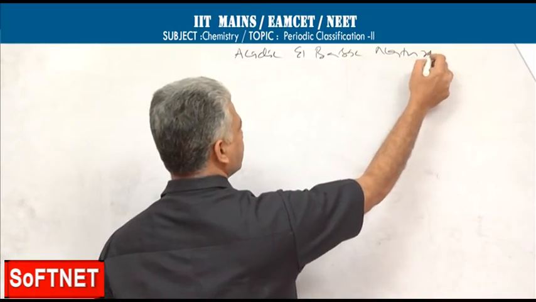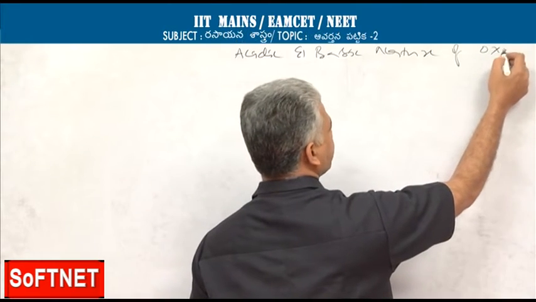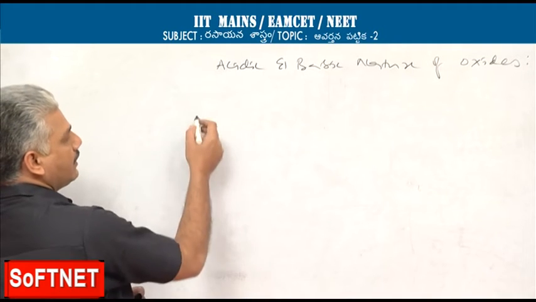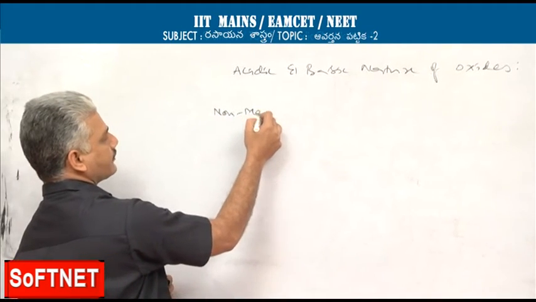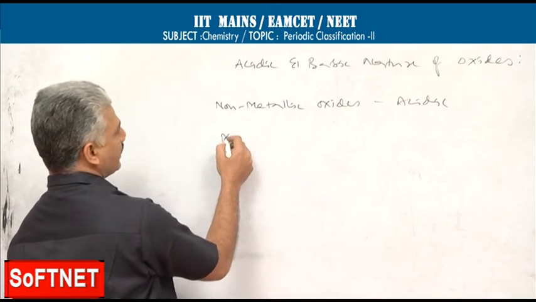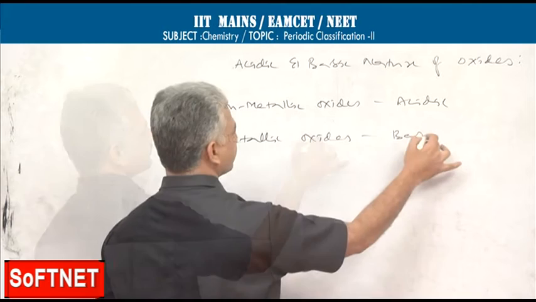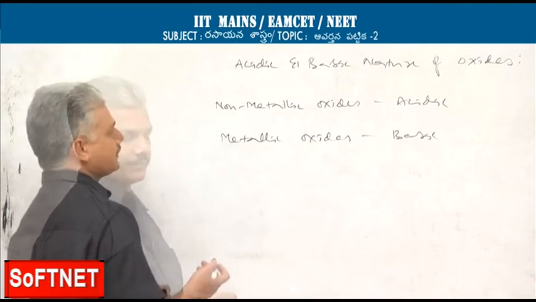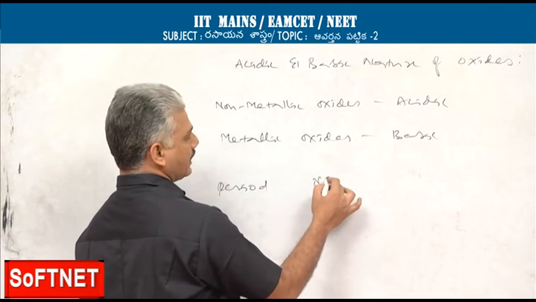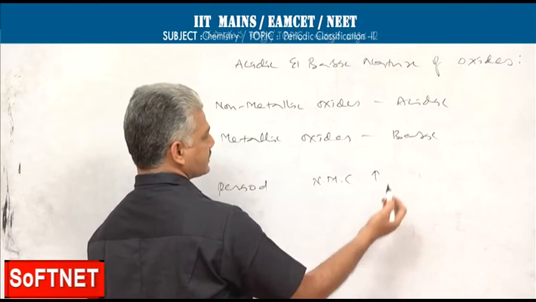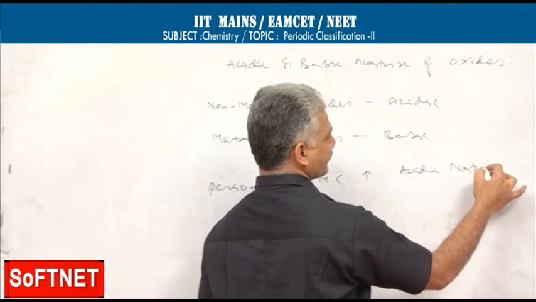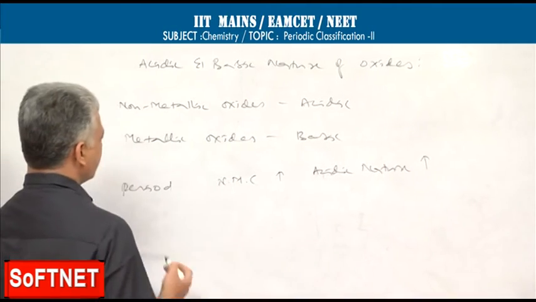Basic nature of oxides. In general, non-metallic oxides are acidic in nature, while metallic oxides are basic in nature. So, along a period, non-metallic character increases, therefore, acidic nature of oxides also increases.